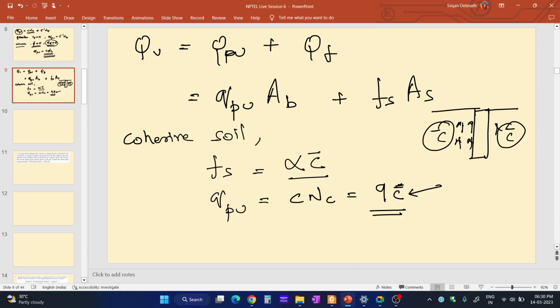And this C is the cohesion of this portion beneath the pile tip, the cohesion of soil underneath the pile tip. So I hope you have understood this. This is for the cohesive soil, 9C and alpha C. Alpha C is the unit skin friction resistance, and qpu is the unit end bearing resistance.